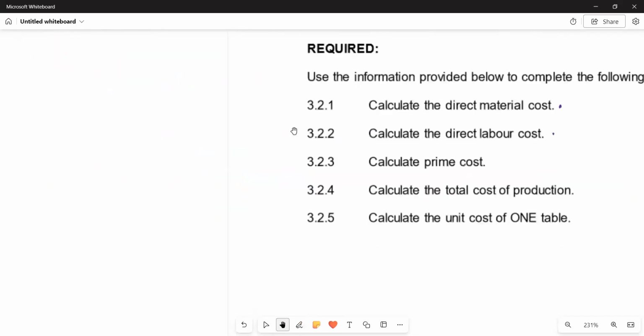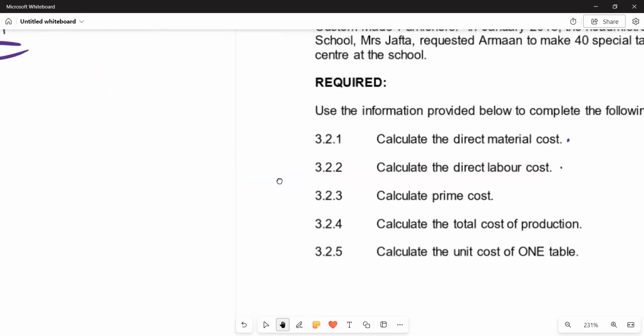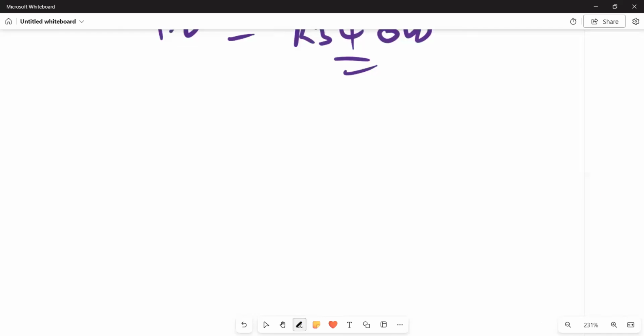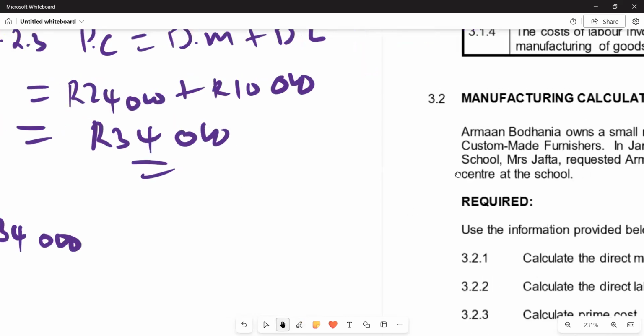Then the next question, 3.2.4, calculate the total cost of production. For total cost of production, we take the figure for prime cost, which is already 34,000, and then we add the other costs in the question that are not part of prime cost.